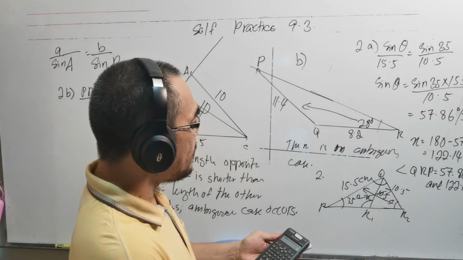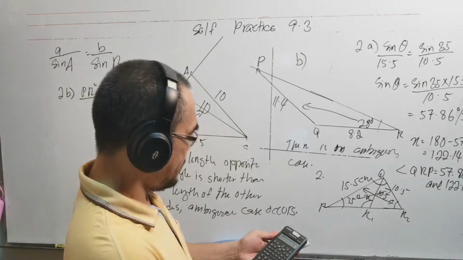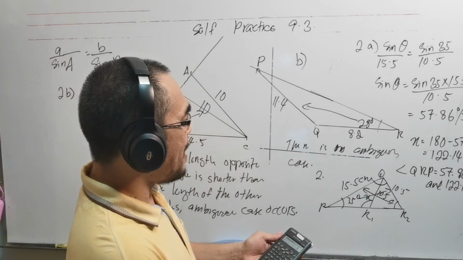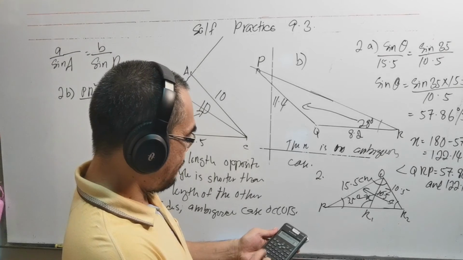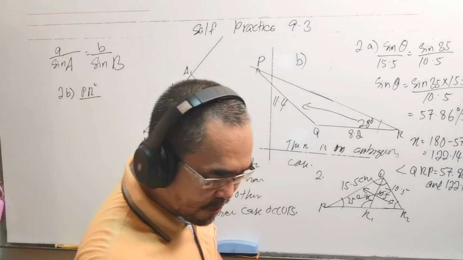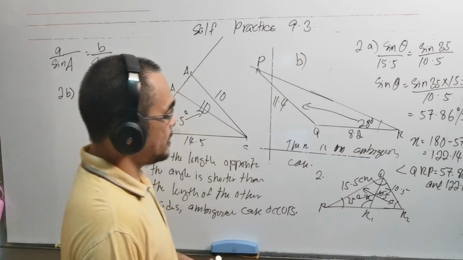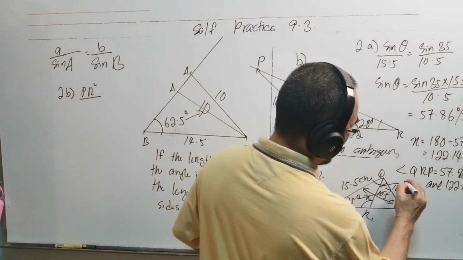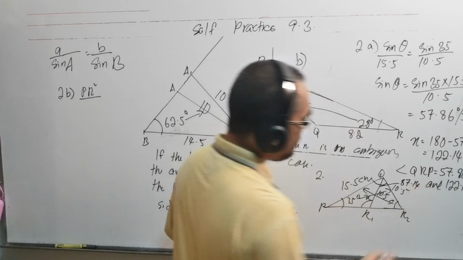Which is 180 minus 35 minus 57.86. That is 87.14. So I should label here 87.14.